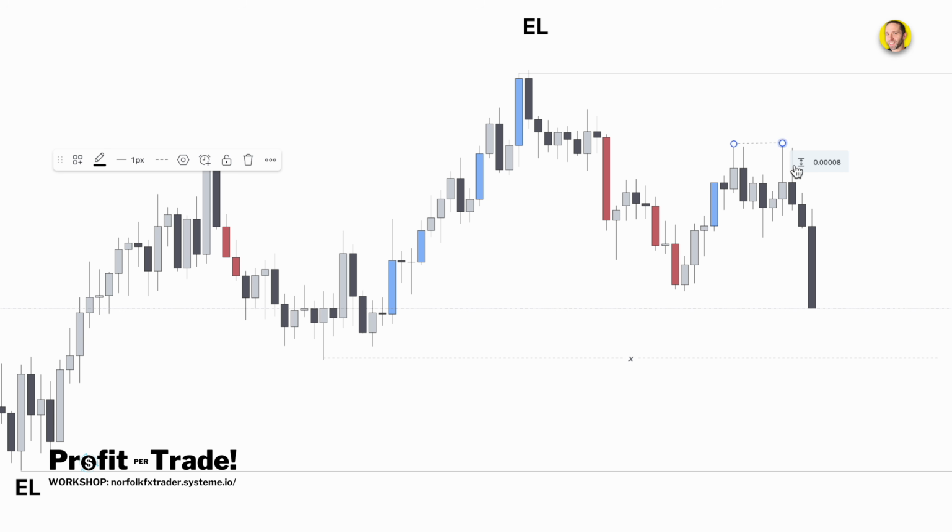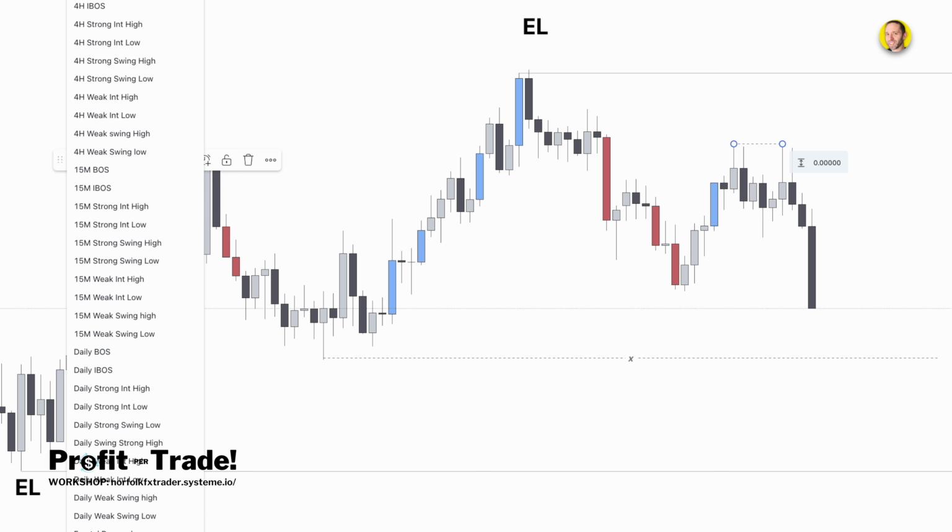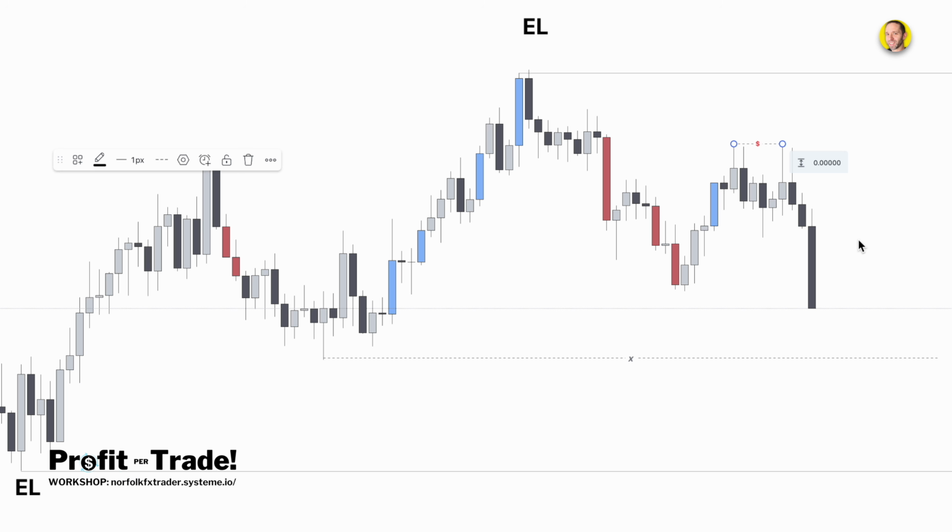So we have an area of liquidity that we can mark out just there in the market. Now, if I mark this out as an area of liquidity, you'll be able to see what I mean. So this is where I expect price to want to run at some point, some equal highs. But before we can do that, we need to see some external liquidity taken. Now, we have this external high, we have this external low.